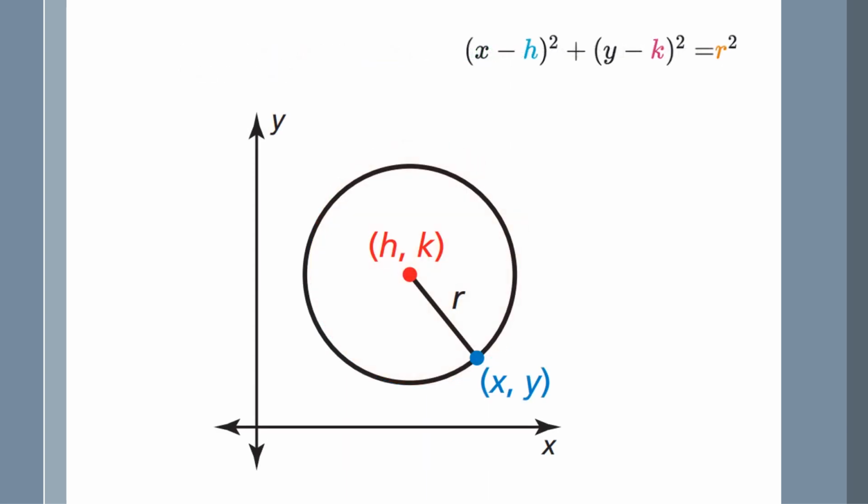This is the equation of the circle. The x and y are the measurements from the center of the circle, h and k are my center points, and r is the radius. So we know all those pieces.